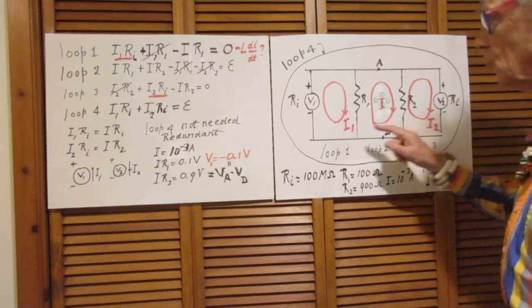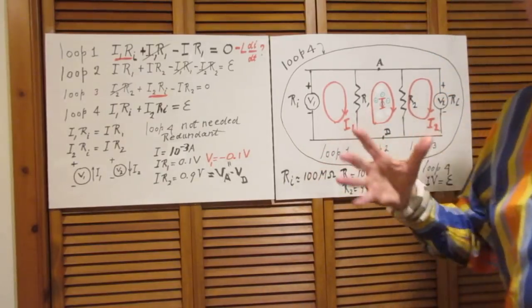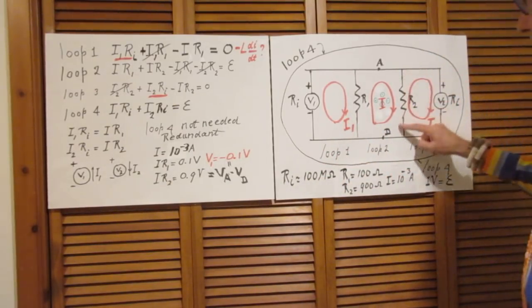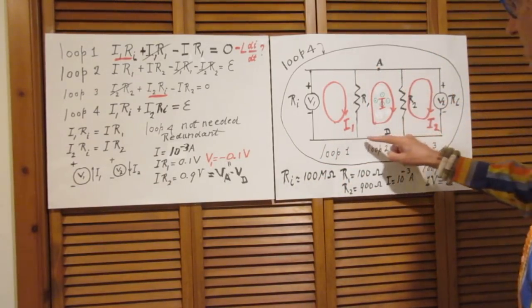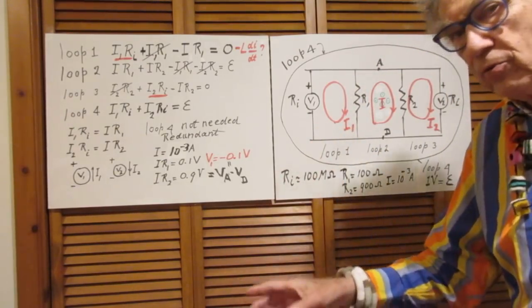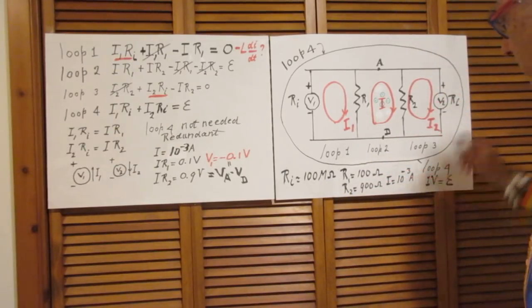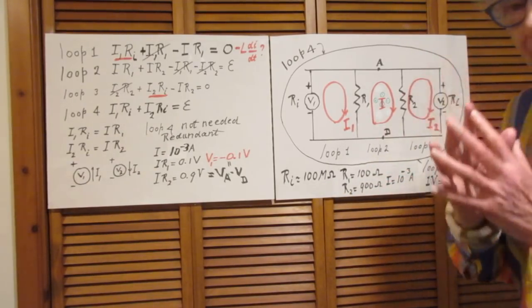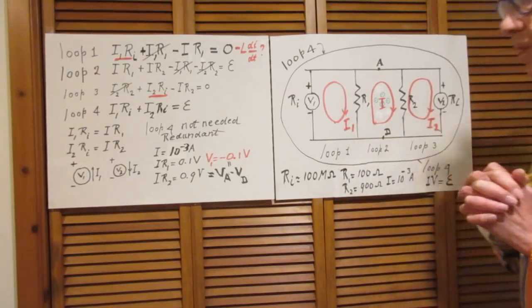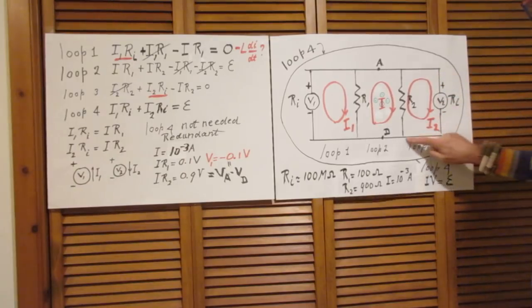So minus I2 R2. That is now E. That is the EMF. That is not zero, because in this closed loop, Kirchhoff's loop rule doesn't hold. Faraday's law holds. And that's the 1 volt EMF at a particular moment in time, which is related to my demo. Let's now go to this loop.